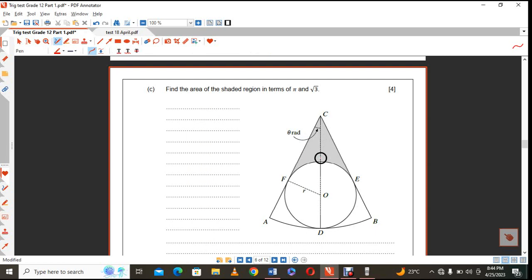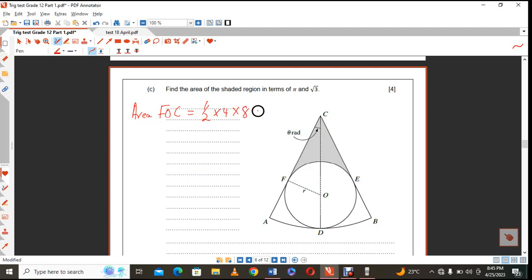Right, so let's see. Let's write what we have. I'm going to say the area of FOC. Now, FOC. Remember what is R, okay? And we're looking for the area of FOC. So I'm using the formula a half times 4 times 8. Remember the 8 comes from this distance CO, right?